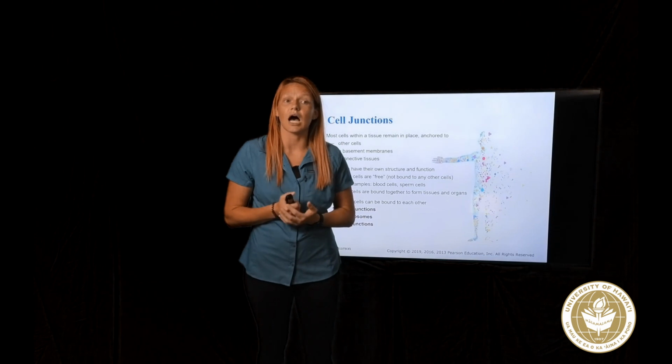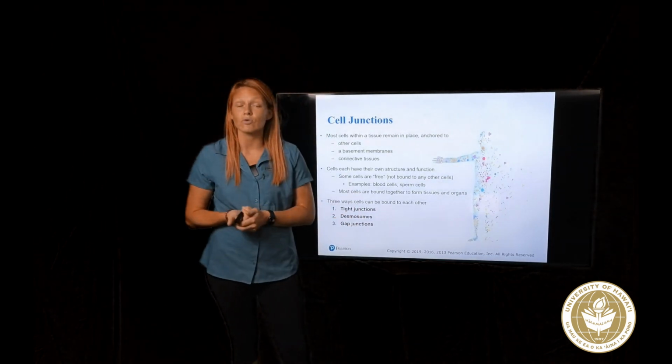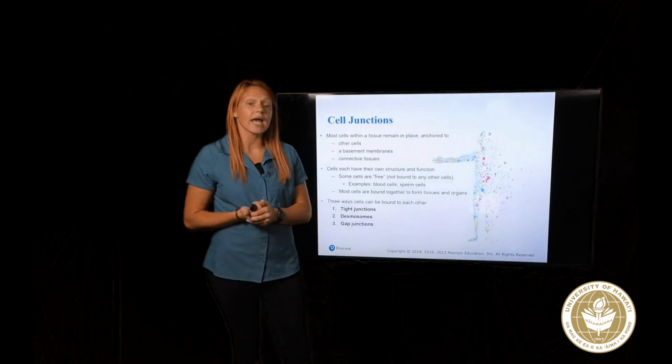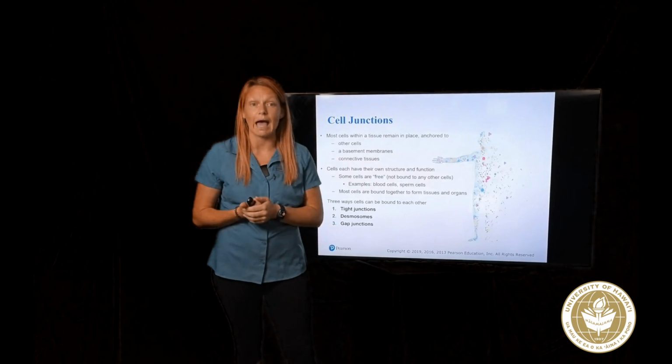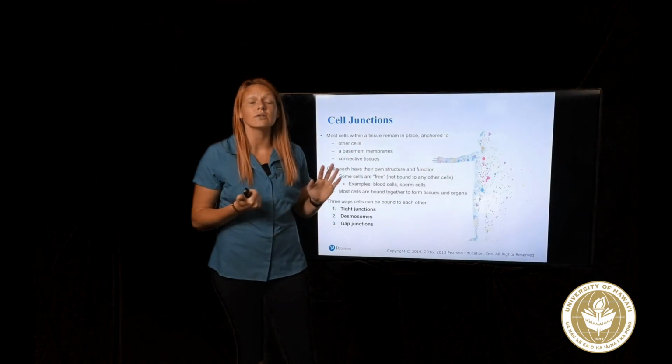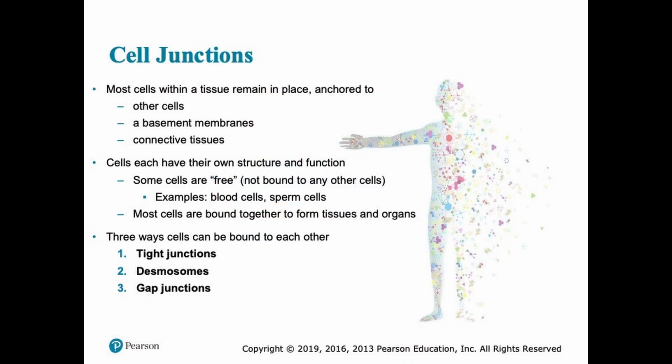So next we're going to talk about these 3 ways listed here that cells can be bound to one another. And these 3 categories are tight junctions, desmosomes, and gap junctions. On the following slides, we're going to go through each one of these in more detail.